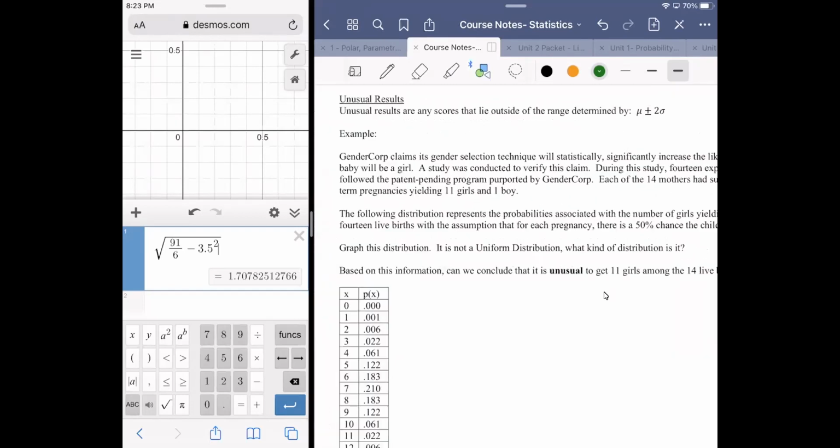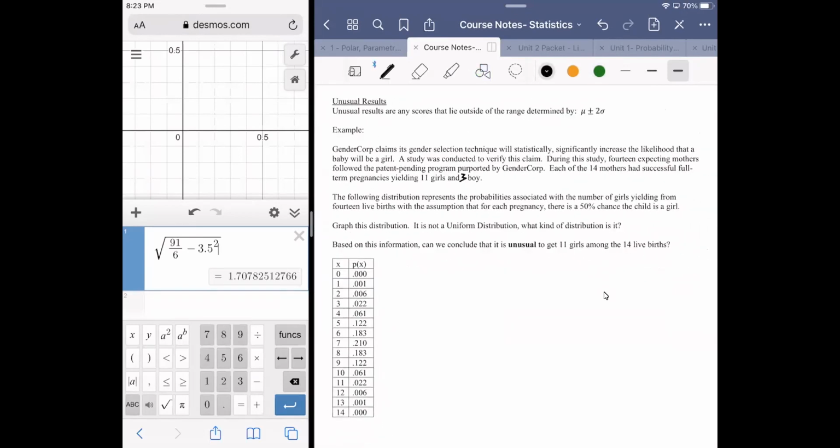There should be a 3, and not "each," yielding a total of 11 girls and 3 boys.